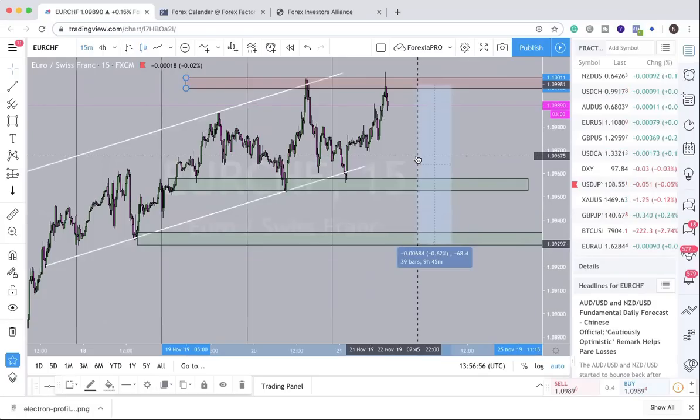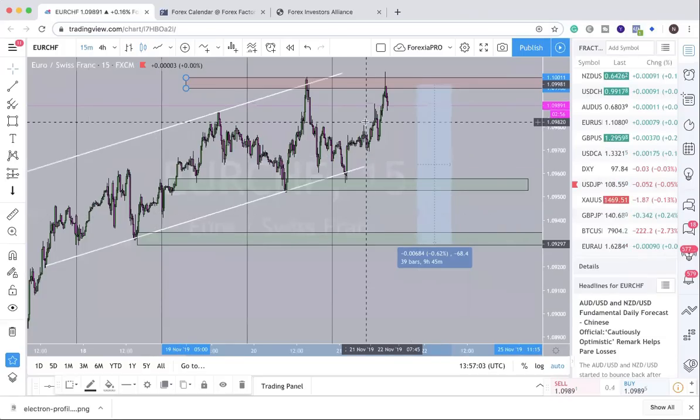All right, let's check out what's next. GBP CAD. GBP CAD, just kind of looked at it. It doesn't really look very good. Gold.